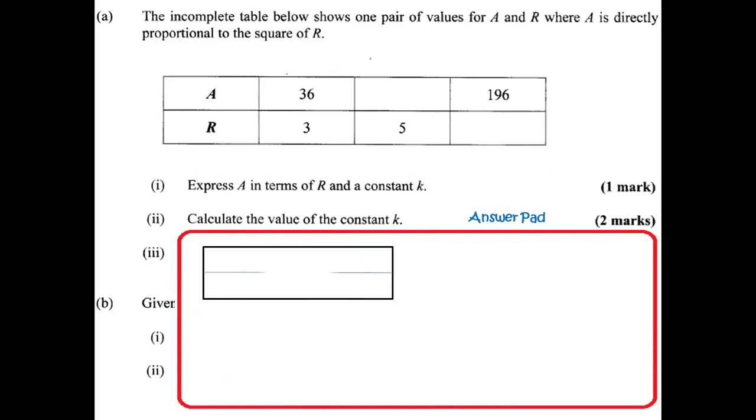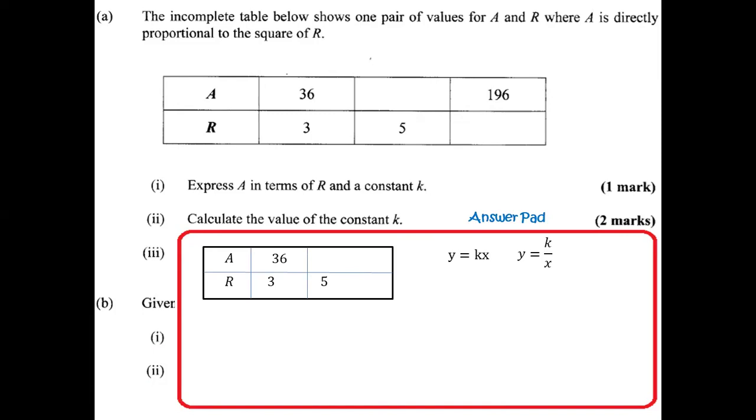If you remember from video 2, when it's direct variation, or directly proportional, we use a formula. You remember it? It's y equals kx. And if it's indirect variation, y equals k over x. And that is at its basic.